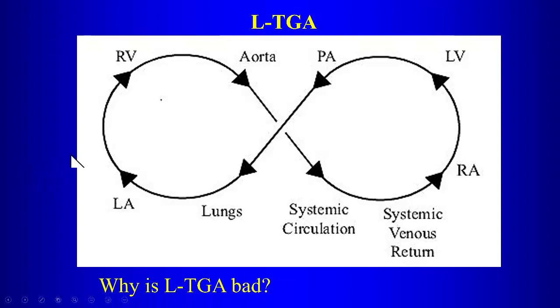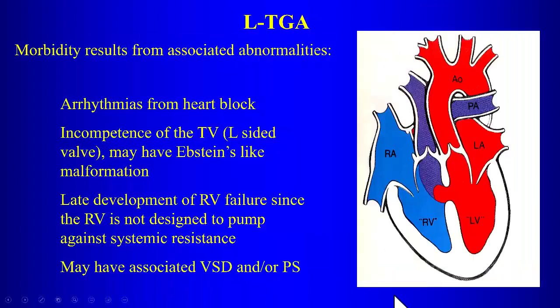So why is L transposition bad? What makes L transposition a bad thing? Well, one problem is over the long term, the right ventricle fails because it's not designed to handle systemic pressure over the lifetime of the patient. The other problem is the associated abnormalities.